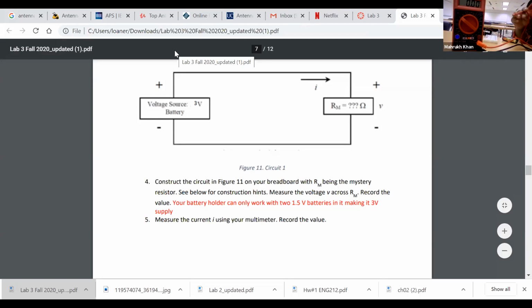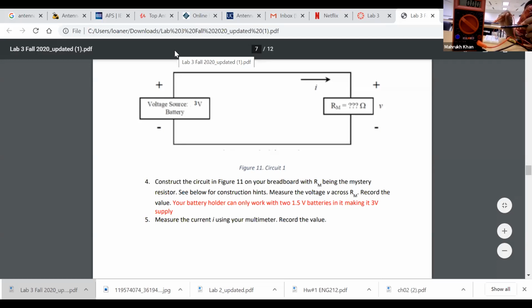One thing you should notice, these are my leads and this is my circuit, okay? If I am measuring the voltage, I should be putting it in parallel with the component, okay? So this is my resistor and I should be putting it in the opposite direction.